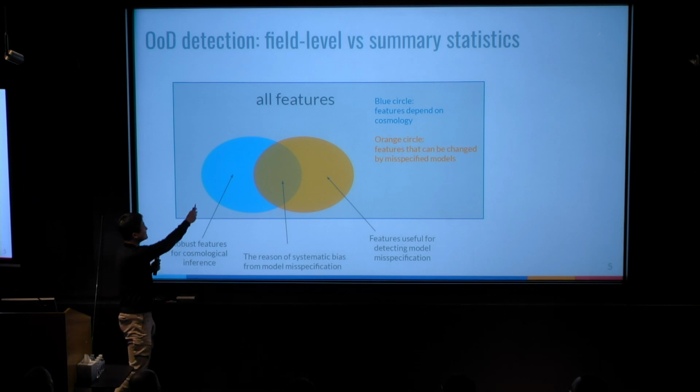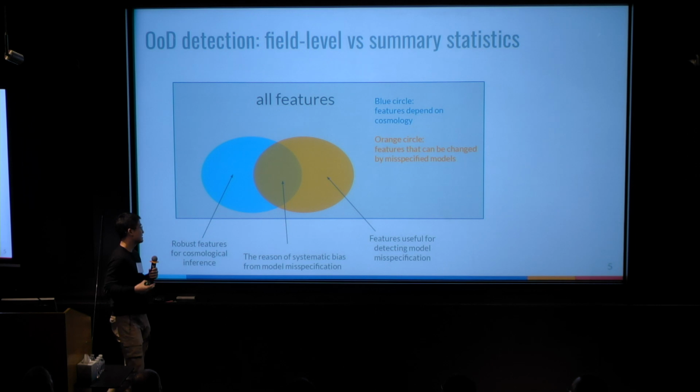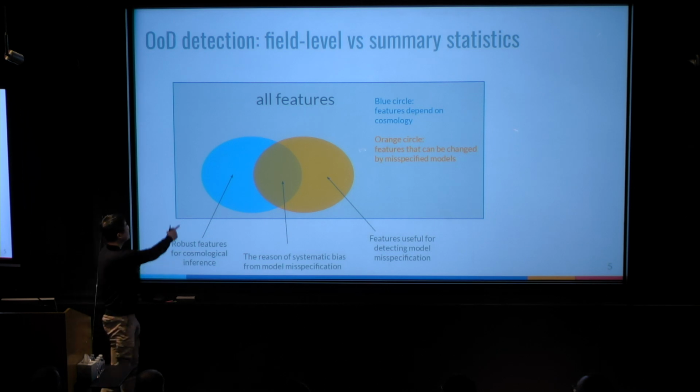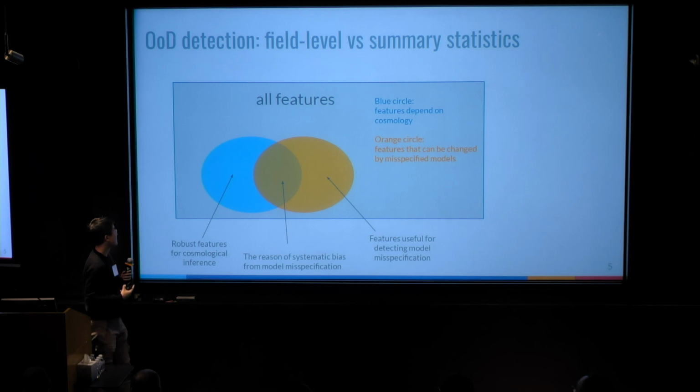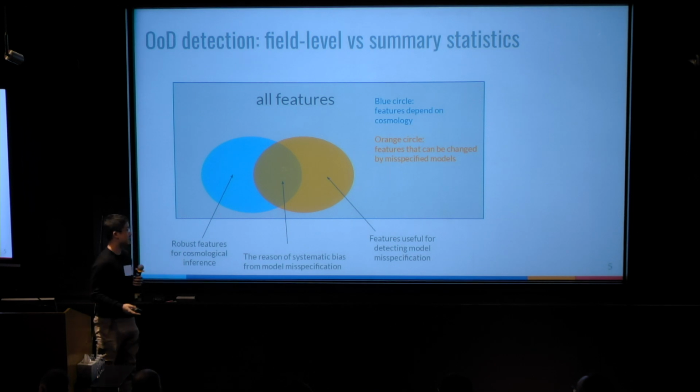We have this overlapping region between blue and orange, which is the reason why we get a biased cosmological inference if we don't model the systematics really well. The pure blue region is not degenerate with the model misspecification, so it's pretty robust. And the pure orange region is not degenerate with cosmological models, so we can use it for detecting model misspecification.